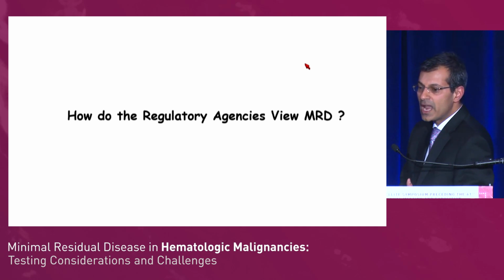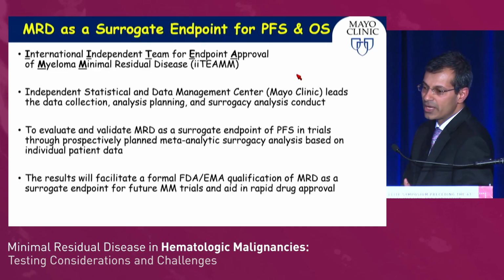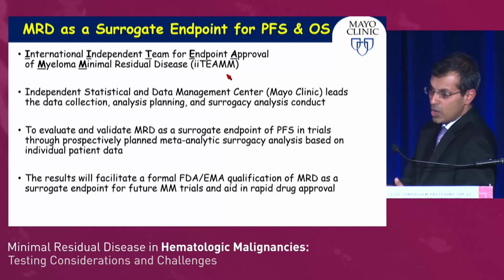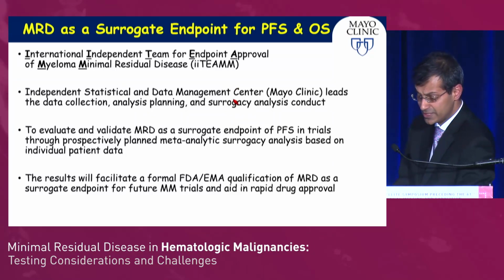Regulatory agencies allow a surrogate marker as long as the surrogate marker can predict the ultimate outcome of the patient. And for myeloma, there is already an I² team collaborative effort that is ongoing with Mayo Clinic as an independent statistical and data management center.